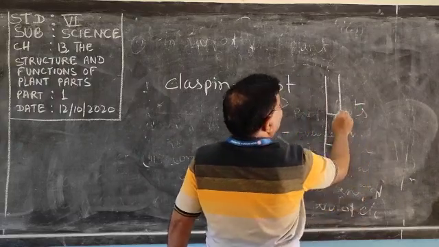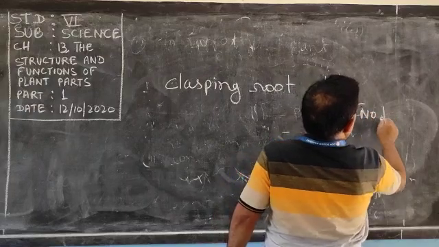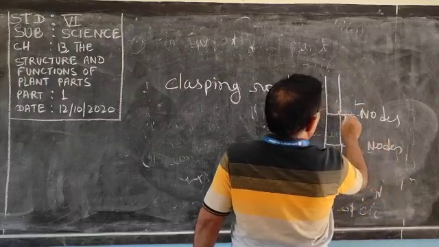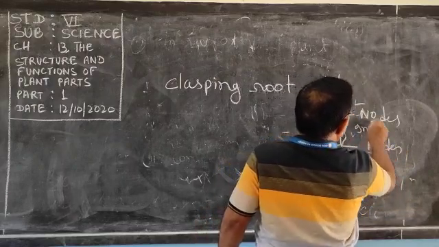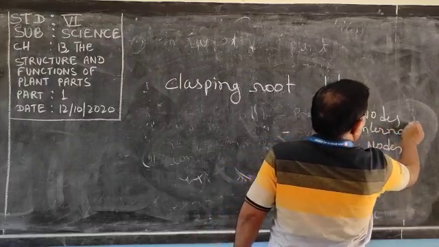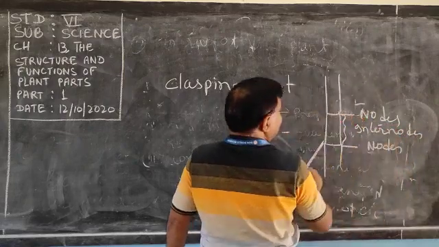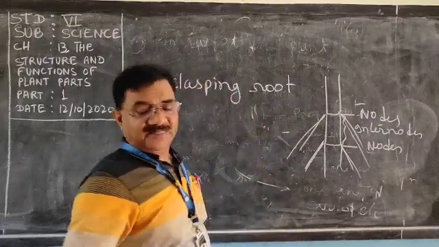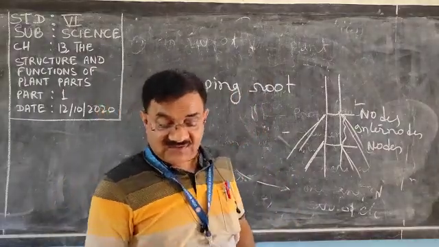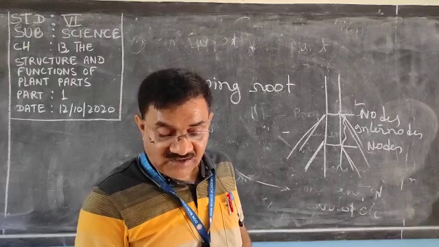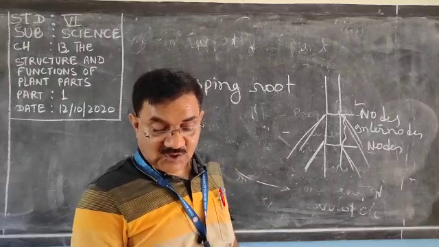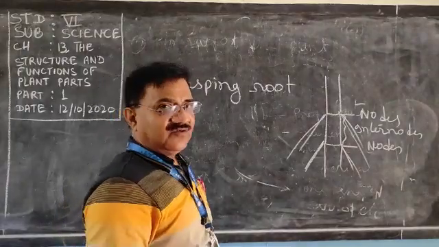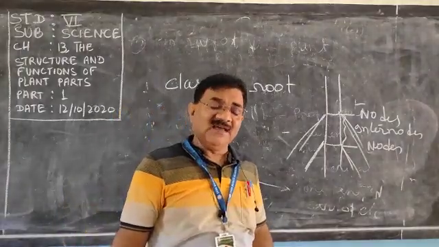This part is called the node, and this is also a node, and between two nodes is the internode. From here the roots come out, as you must have seen in sugar cane. These roots are called clasping roots, adventitious roots grown from the nodes.